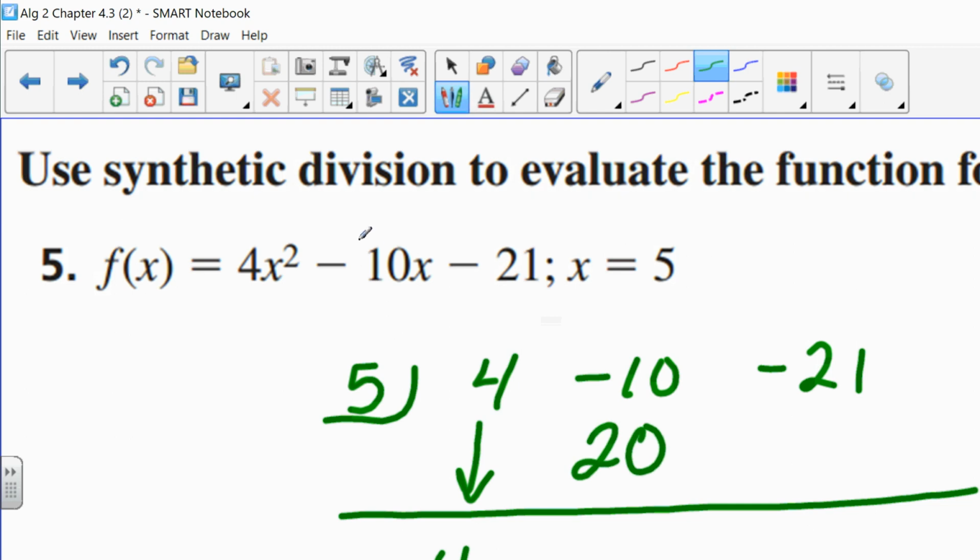Then we'll add straight down. -10 plus 20 is 10. 5 times 10 is 50. And -21 plus 50 is positive 29. So when we evaluate this function using synthetic division, the value would be 29.